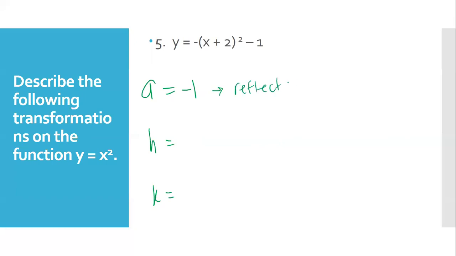Good job. Okay. Here, h. h equals what? h equals -2. And that's because that lets us know that it's going to go left 2. That's because h is actually a negative. So it goes left 2.